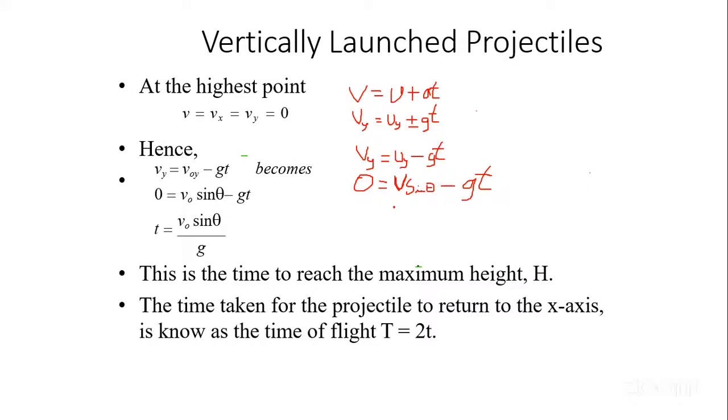If you rearrange this expression, U sine theta is equal to GT. So the time it will take the object to get to the maximum height, which is T, is equal to U sine theta over G. This is the time it takes to get to the maximum height.